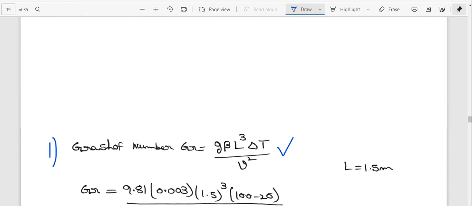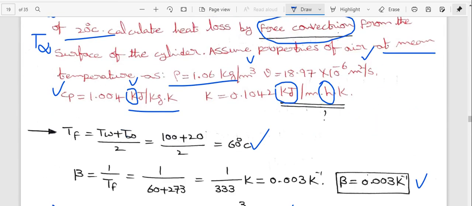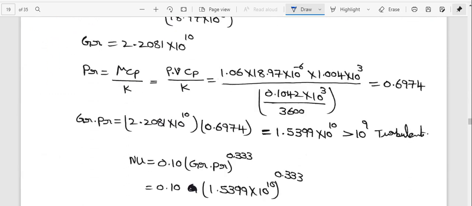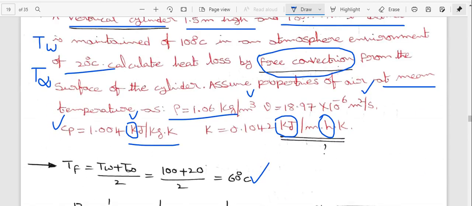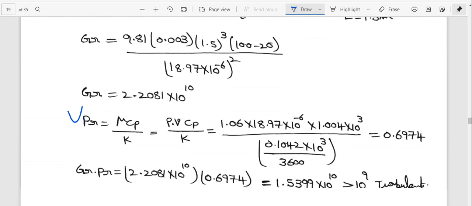2.20. In this question the Pr value is not mentioned in the properties, so that's why I am considering Pr equal to mu Cp by K. This formula is taken from the data book. The mu value is not mentioned in the properties. What is the mu value? Density into kinematic viscosity is the mu value.